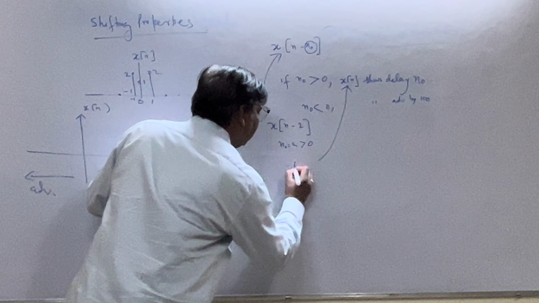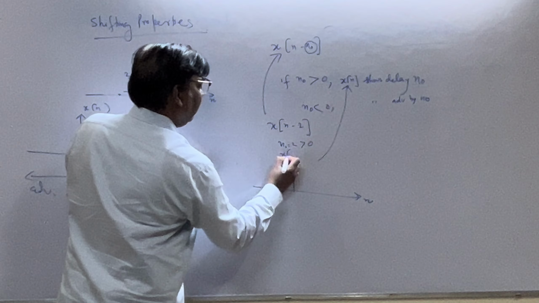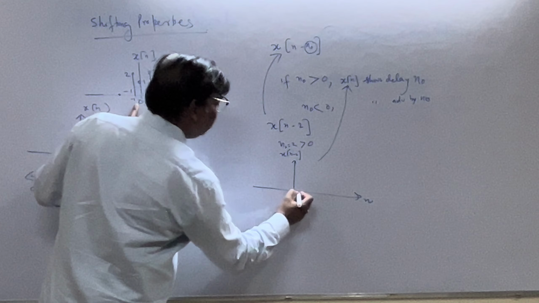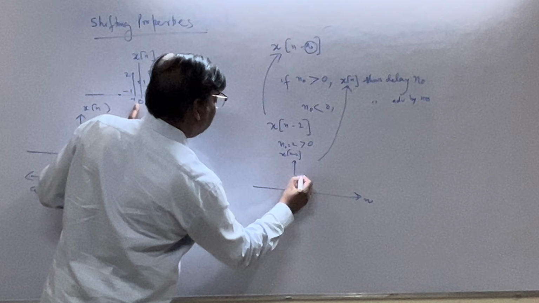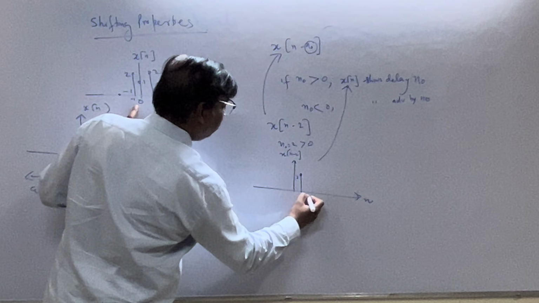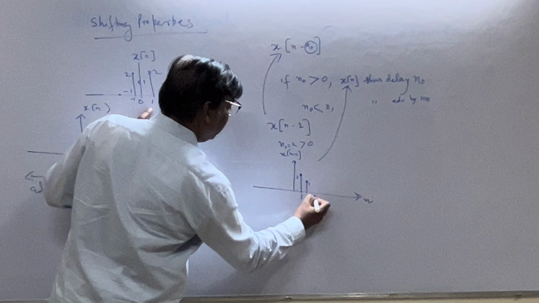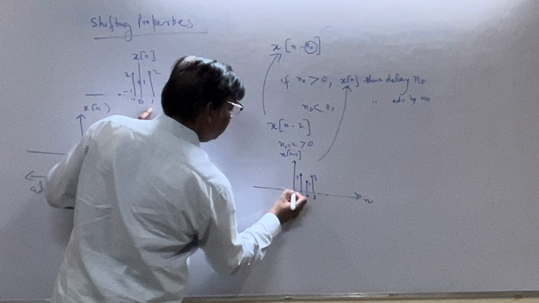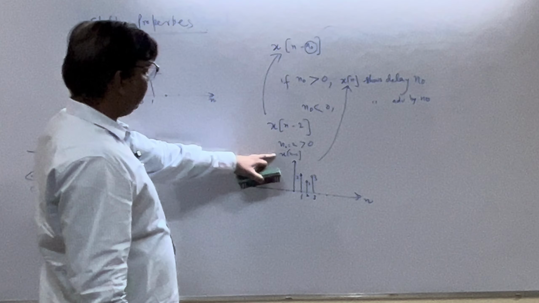So the signal x[n minus 2] is shifted by 2: minus 1 goes to 1, 0 goes to 2, and 1 goes to 3, elsewhere all are zeros like this. So this is the shifted signal x[n minus 2].